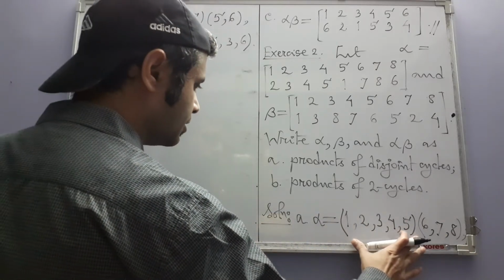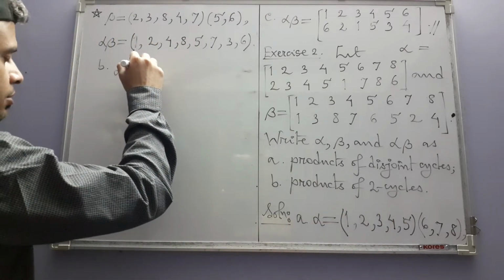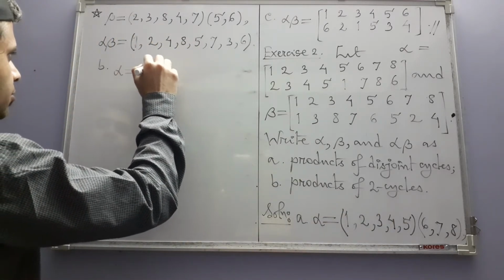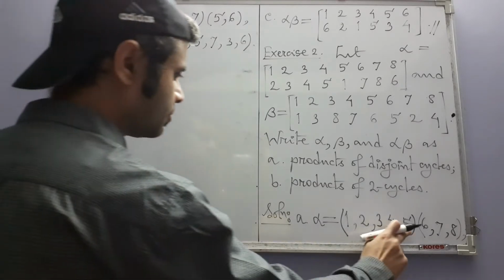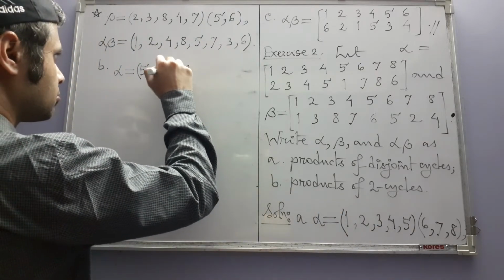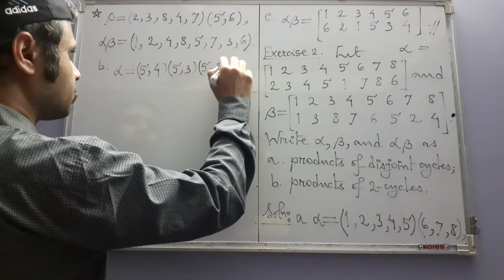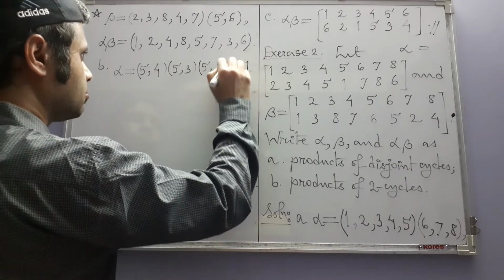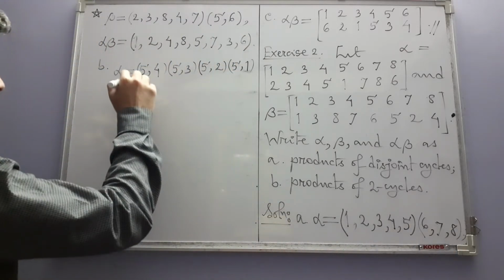So in place of this cycle, we can write 5 4, 5 3, 5 2, 5 1. Like that you write this one also.